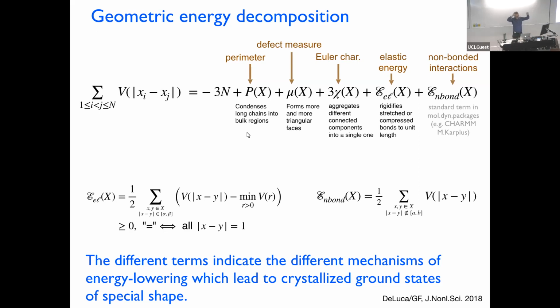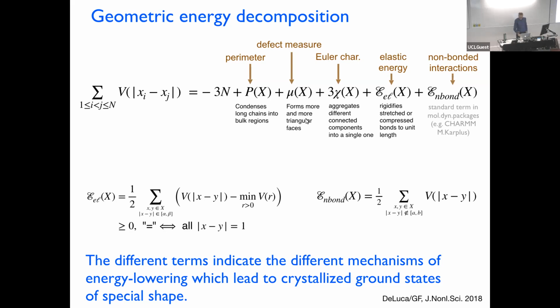A long chain has a huge amount of perimeter, so that's not favorable. You should condense it into a bulk region. But it's really this term and only this term: the long chain has no defects, it's just a straight line of bonds. Now the defect measure wants the faces to be triangular, so it doesn't like vacancies in the middle, no holes in the middle.